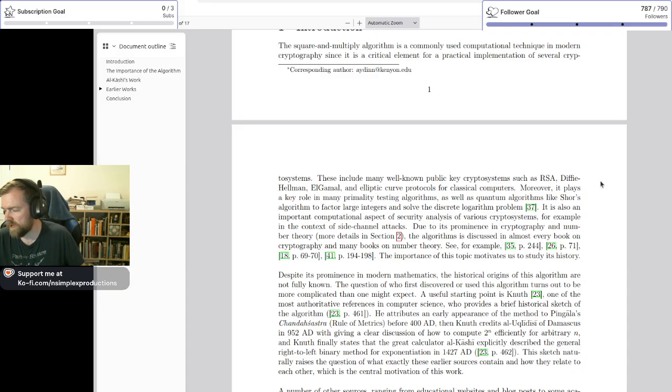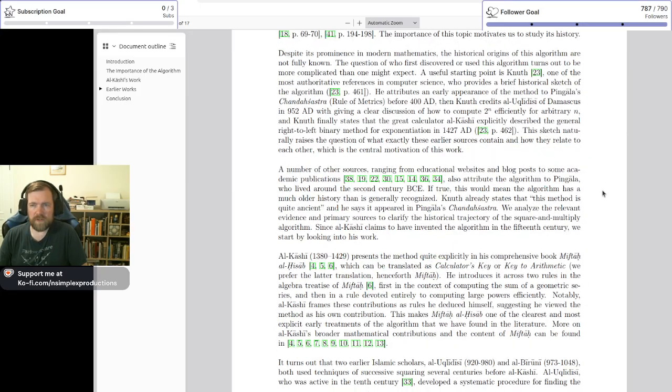A useful starting point is Don Knuth, one of the most authoritative references in computer science, who provides a brief historical sketch of the algorithm. He attributes an early appearance of the method to Pingala's Chandasastra, rule of metrics, before 400 AD.